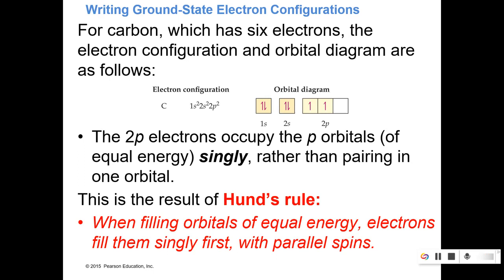They do have to have parallel spins. They do need to go up first. I know that is not written, but that is how we write them. They go up, up, up, and then we pair. So carbon, this is wrong. It's not up, down. It's up, up for 2p.